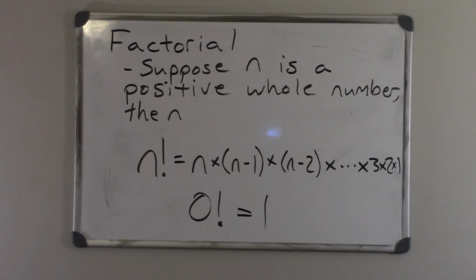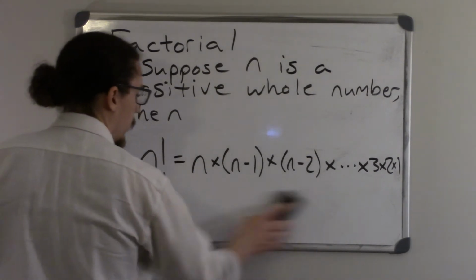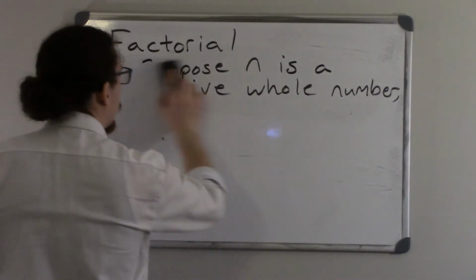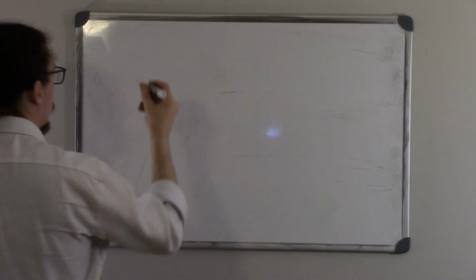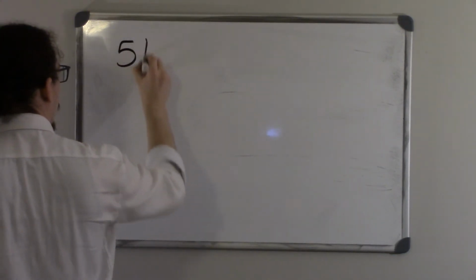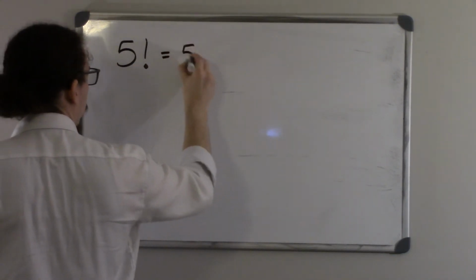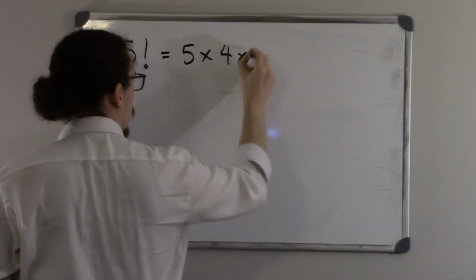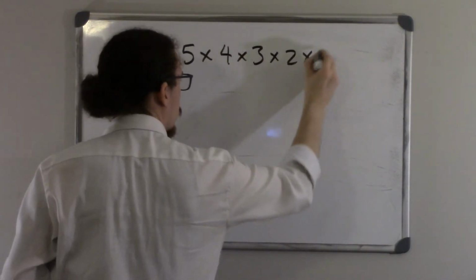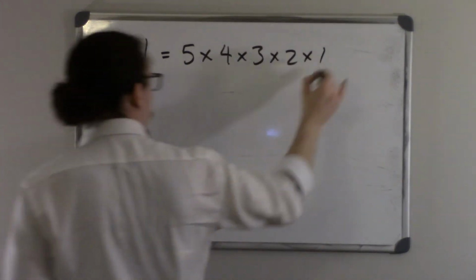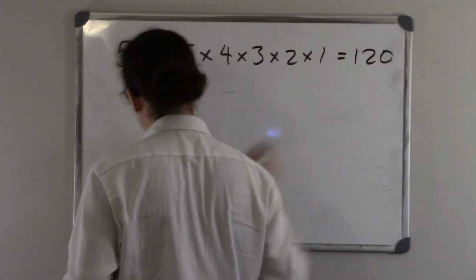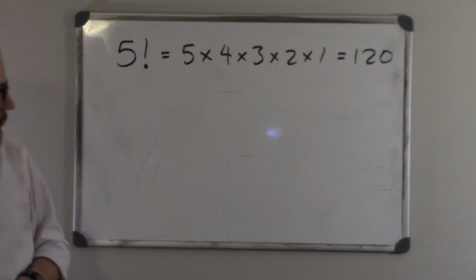So in that last example of the fundamental counting principle, we were looking at a factorial, the factorial of 5. The factorial of 5 would be 5 times 4 times 3 times 2 times 1, and it would equal 120.